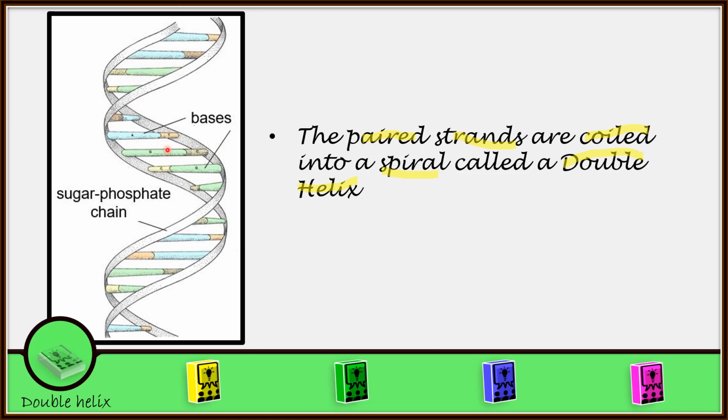Now these bases join the two strands together, but this double strand goes on forming a coil. It coils itself around, and that spiral is what we call a double helix.